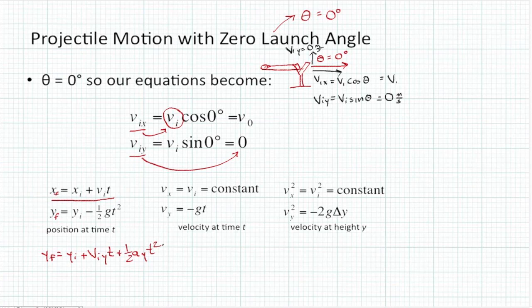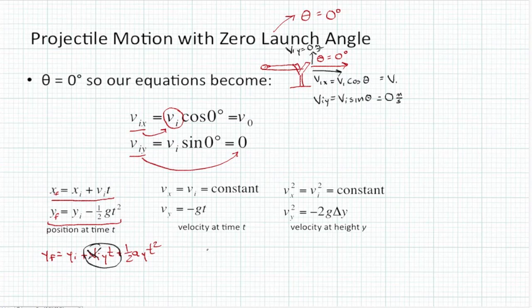Look familiar? Why did this whole center section drop out? That dropped out because at a zero launch angle, there is no initial velocity in the y direction. That goes completely away. So what we're left with is what we have up above right here. We have acceleration in the y direction, but no initial velocity in the y direction.